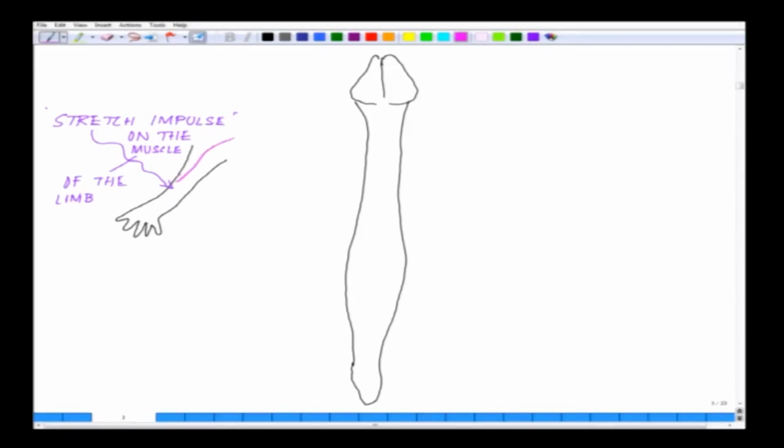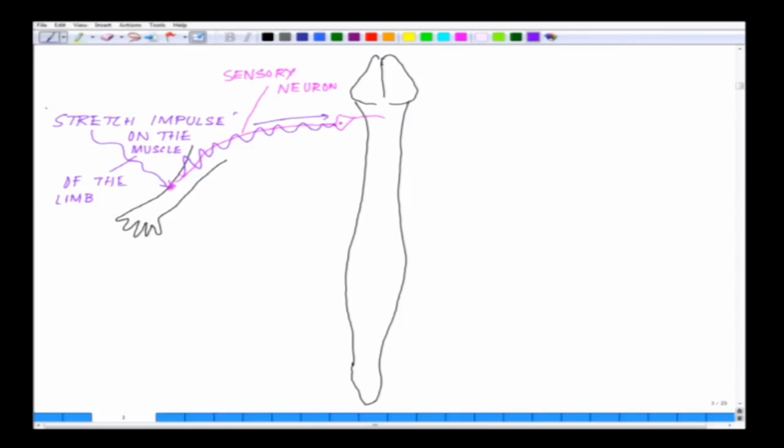These sensory neurons out here have their cell body sitting just outside the spinal cord. Let me mark it. Sensory neurons. Okay. These sensory neurons carry the signal, the electrical impulse, to the spinal cord.